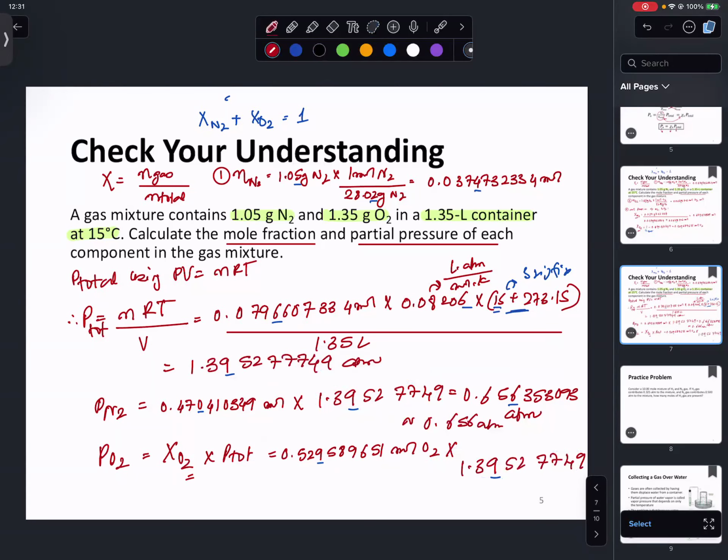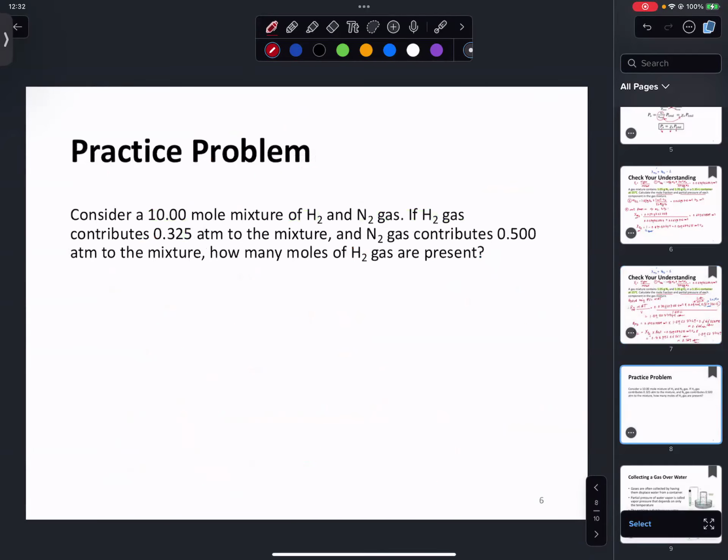This is going to give me 0.73892465661 atmospheres. Again, 3 sig figs, so this is going to give me 0.739 atmospheres. I hope this made sense to you.